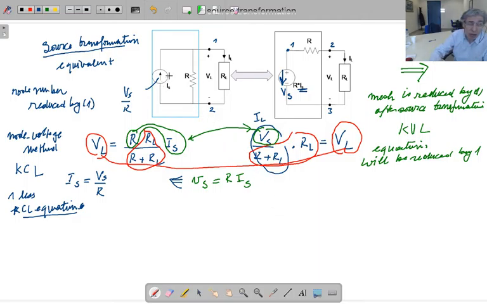In here, there is an independent current source. In here, you've got an independent voltage source. And the topology is also changing. It is a parallel connection here, and becomes a serial connection on the right hand side. That's why this equivalency is a bit more complex than the serial and parallel connection equivalency that we have seen already.